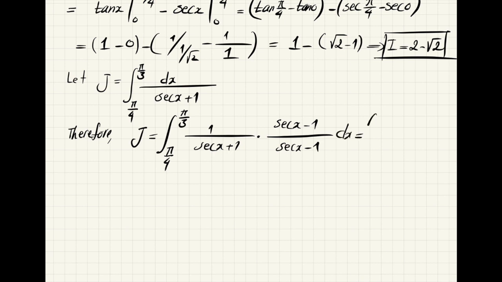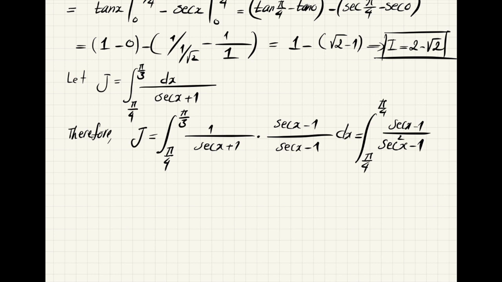So the numerator becomes integral from pi over 4 to pi of secant of x minus 1, and in the denominator, using the conjugate rule again, this expression multiplied by that expression forms the conjugate pattern, so it becomes secant to the power 2x minus 1.